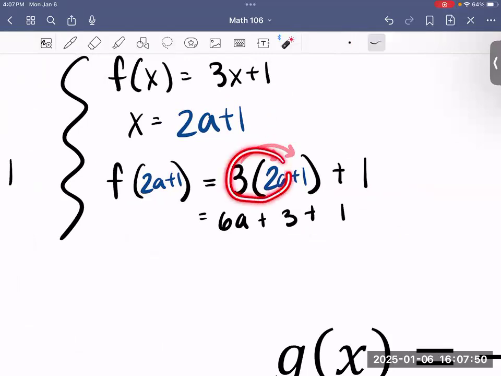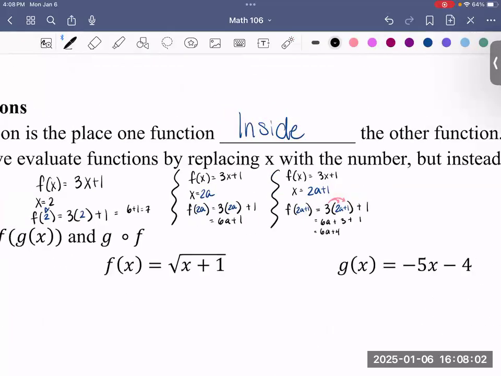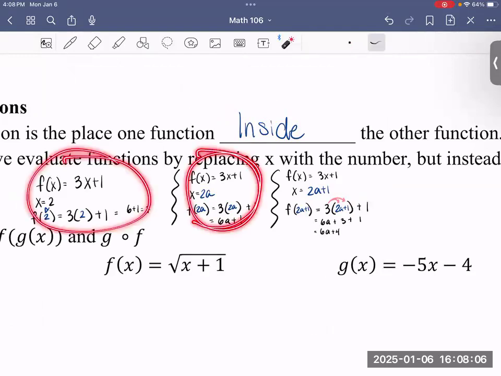These two make 6a, this and this one make your 3, and then you have your plus 1. So this full thing is 6a plus 4. We're just going to get slightly bigger. Notice that we're used to this. We are definitely capable of that, and now we're taking it a step further.